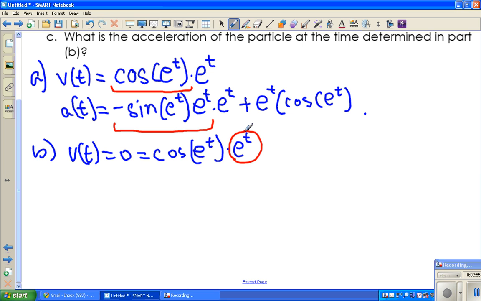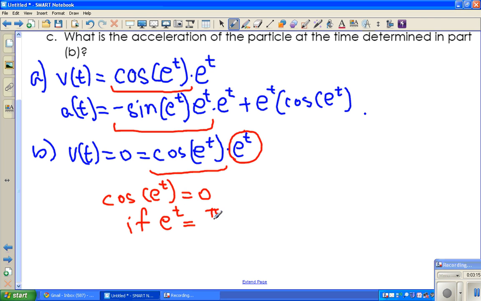That means the only way that would be possible is if we set cosine of e to the t equal to 0. And this is possible if e to the t is equal to pi over 2, because we know that cosine of pi over 2 is equal to 0.